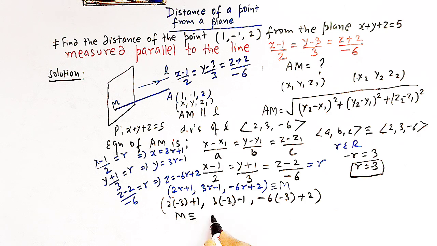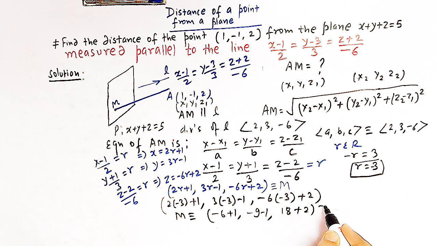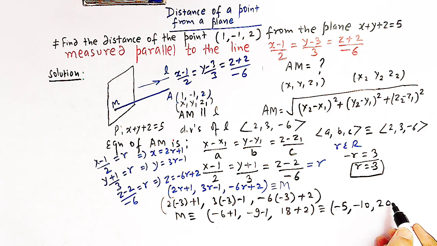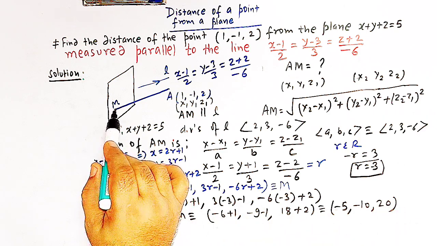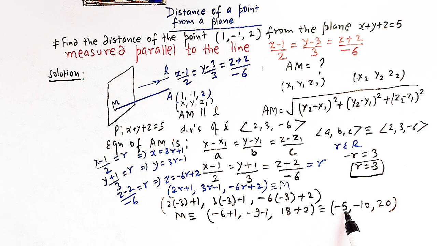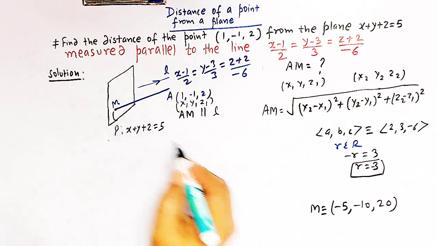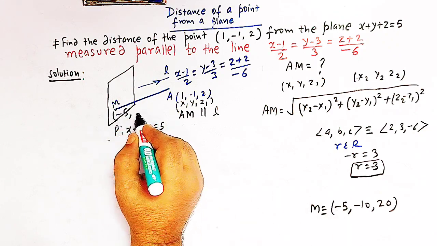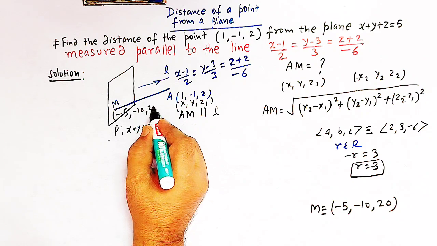So M is now given by minus 6 plus 1, minus 9 minus 1 and 18 plus 2, that is equal to minus 5, minus 10 and 20. So the coordinates of the point M are minus 5 comma minus 10 comma 20.